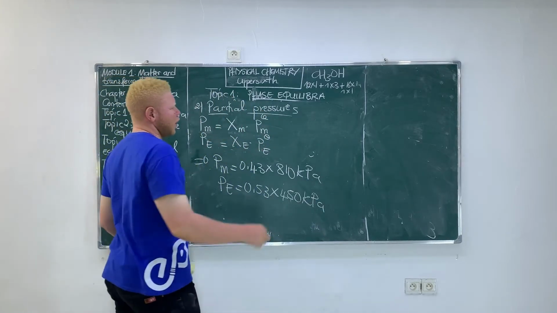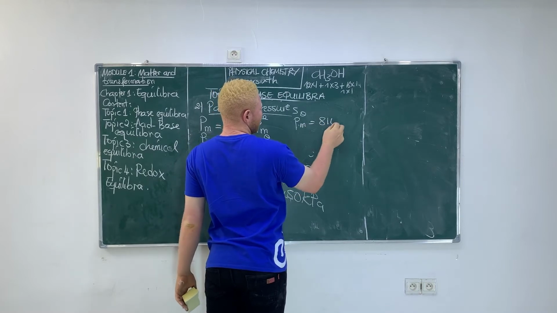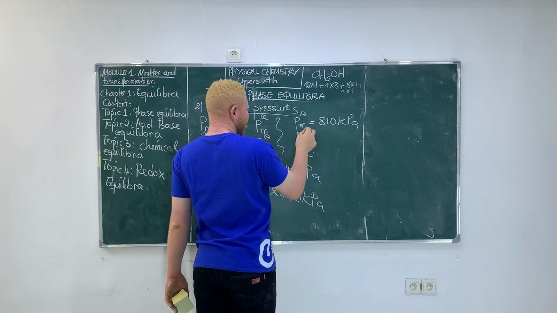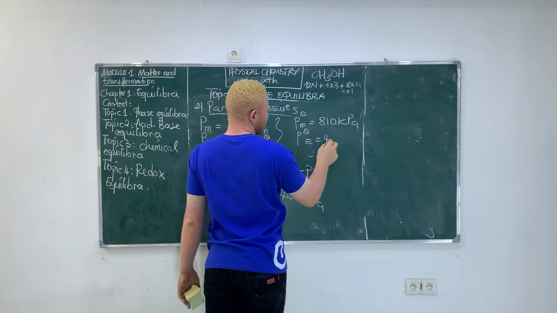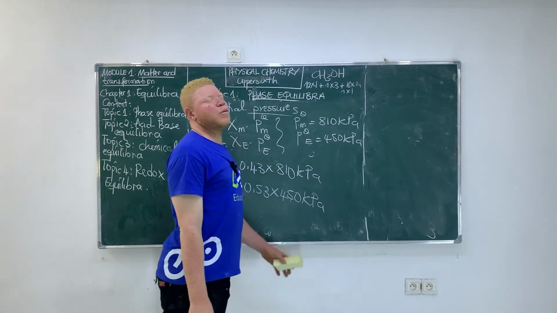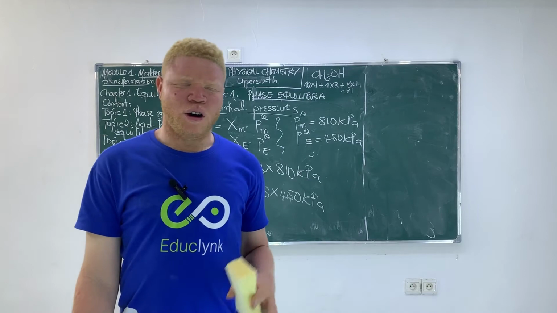Remember that P theta has been given to us. P theta of methanol in the question is 810 kilopascal. P theta of ethanol was 450 kilopascal. So these are the pure pressures. The pure pressures are always given in the question.